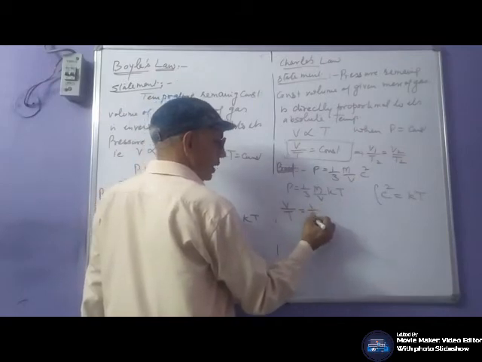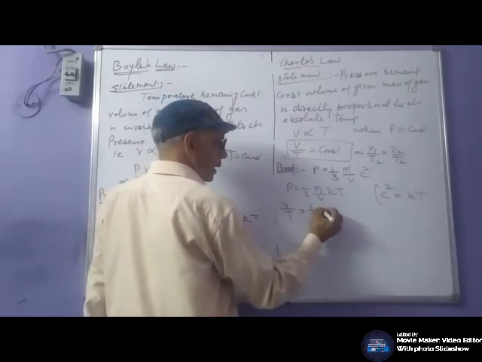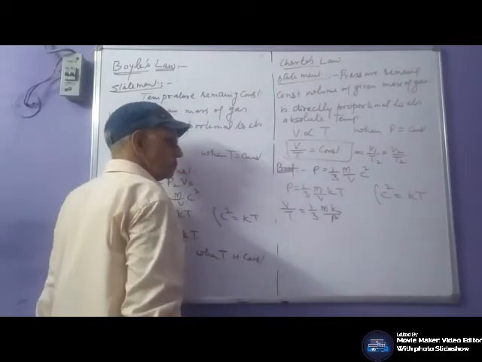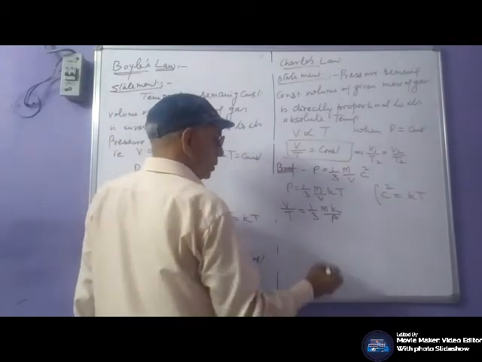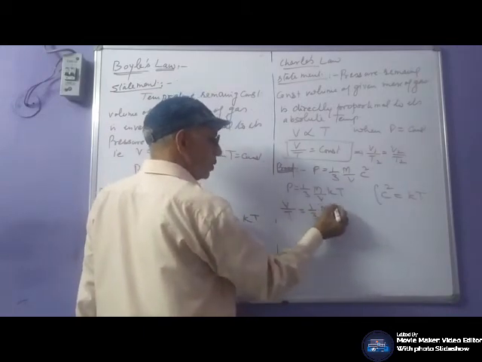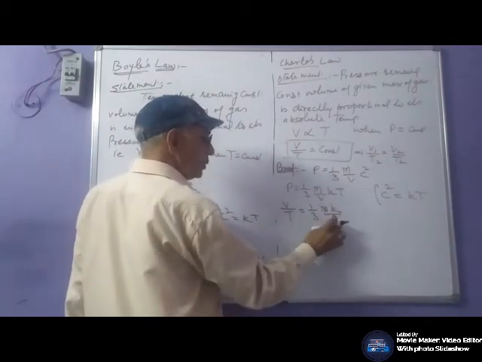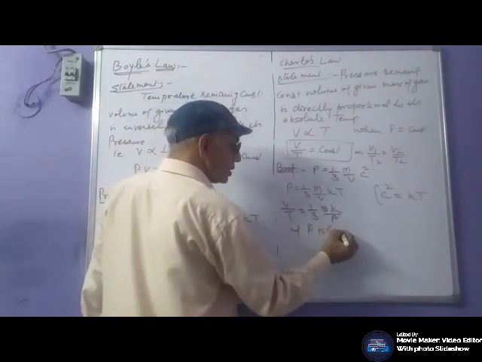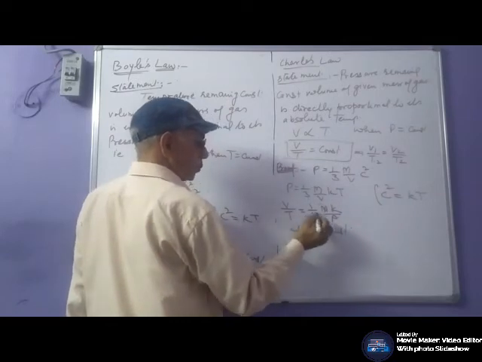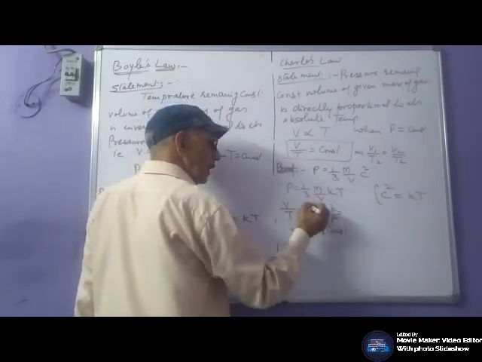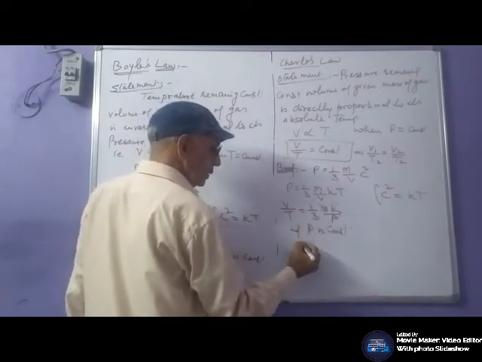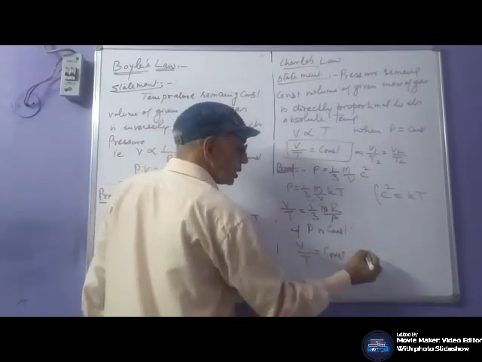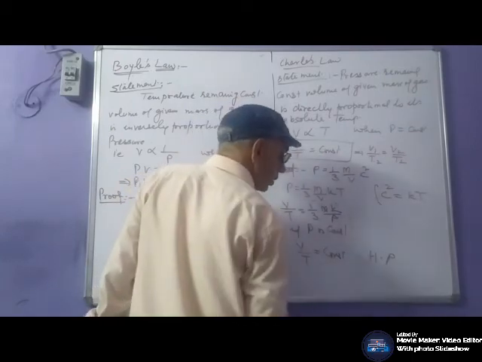So it is 1 by 3 m k by P. This is constant, m is constant, k is constant. If P is constant, then these are already constant, 1 by 3 m k. So V by T is constant, hence proved.